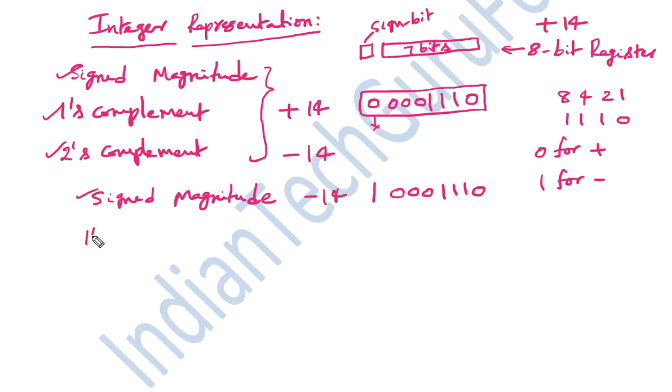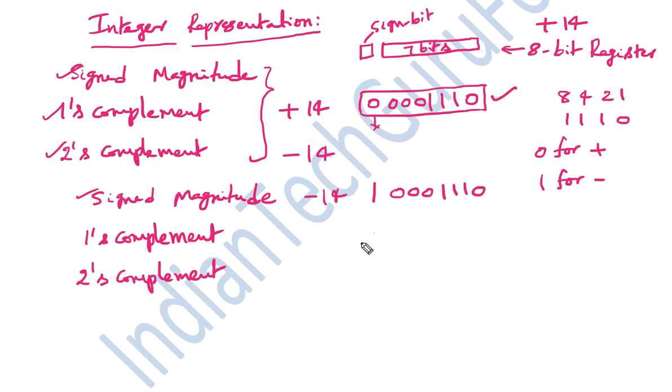As far as the ones complement is concerned, we know how to find the ones complement of the given number. For ones complement and twos complement, we need to perform the complement operation including the sign bit. So the value of plus 14 is this one.